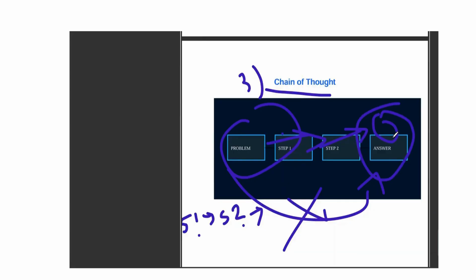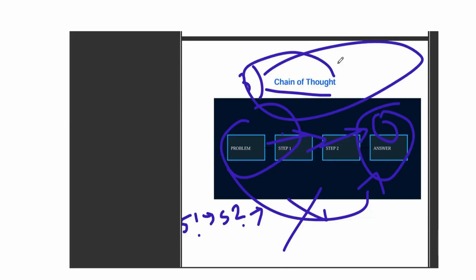Many times you will notice that the answer becomes more accurate because of chain of thought prompting, because you're asking in a step by step format, right? Especially for maths, coding, and logical reasoning questions, chain of thought is a very good technique, and that's why this technique is so powerful. Okay.